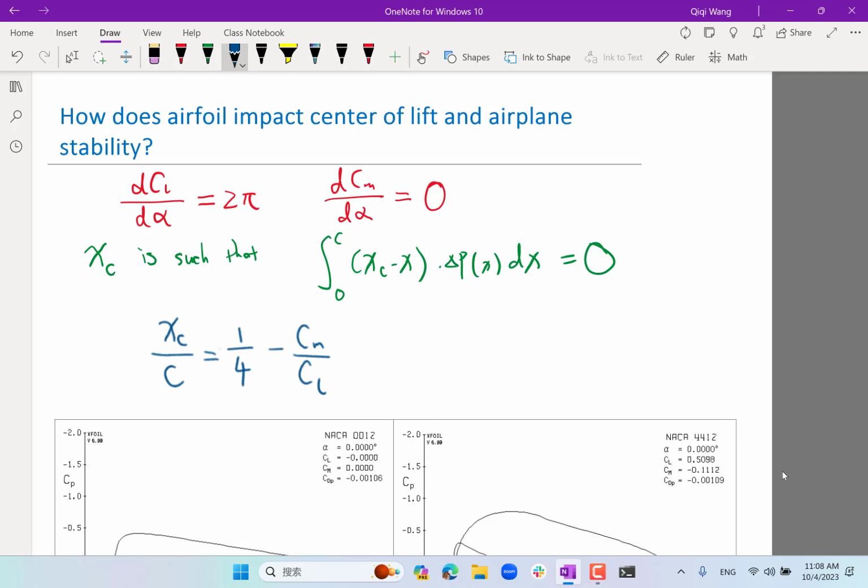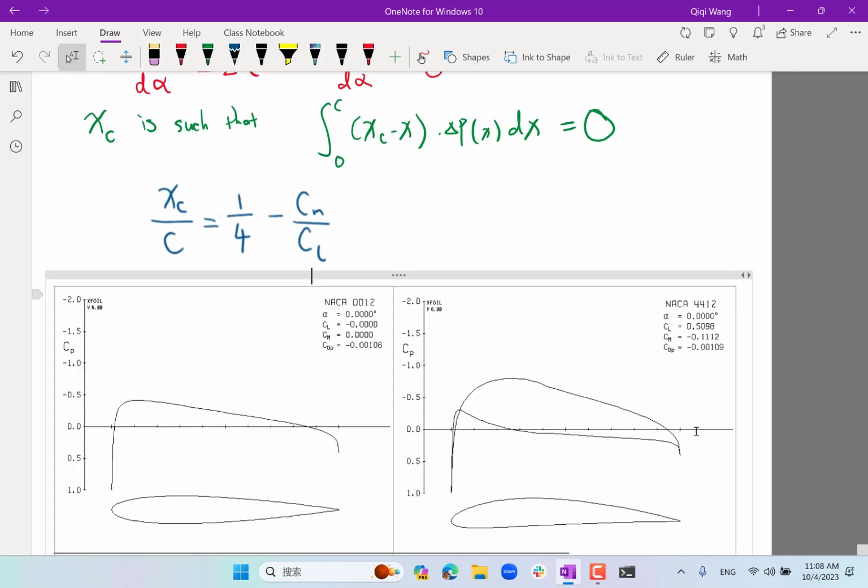And we analyzed the several cases. For symmetric airfoils, that Cm, according to thin airfoil theory, is equal to 0. So the center of pressure, the center of lift is exactly at quarter chord, right? Okay, so today I'm going to give you 2 questions.